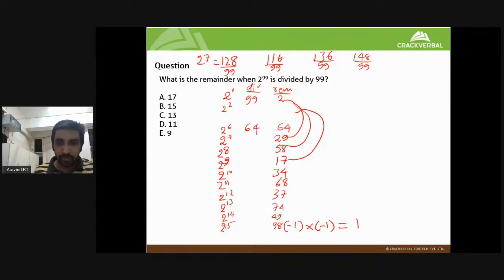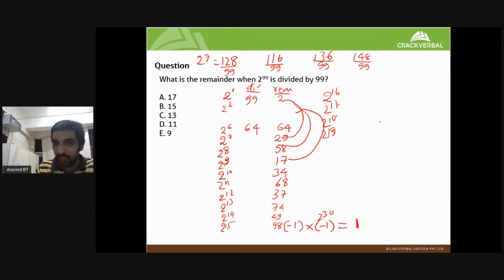So if you require another minus 1, you require another cycle of 15 values. So you will require 2 power 16, 2 power 17, 2 power 18, 2 power 19, right? So till 2 power 30, when you come to 2 power 30, it will also give you a minus 1, right? So minus 1 into minus 1 will give you a 1.